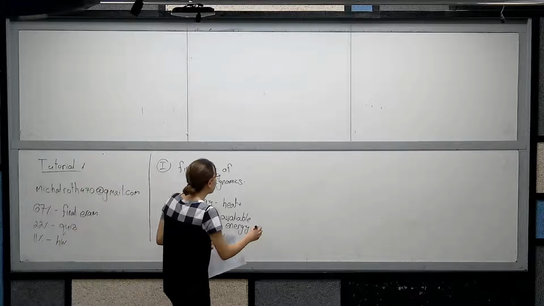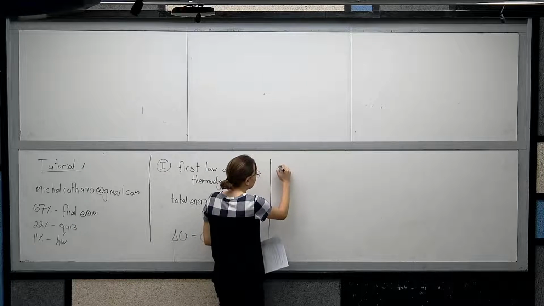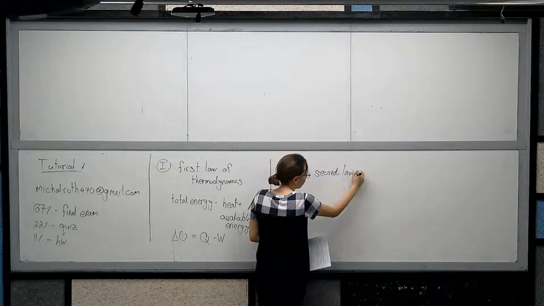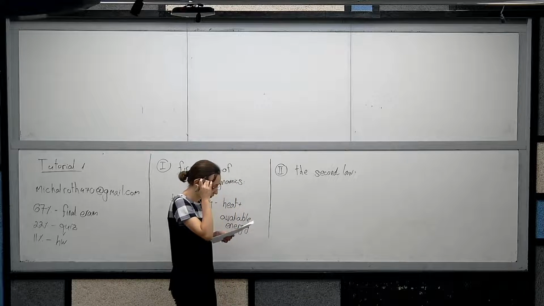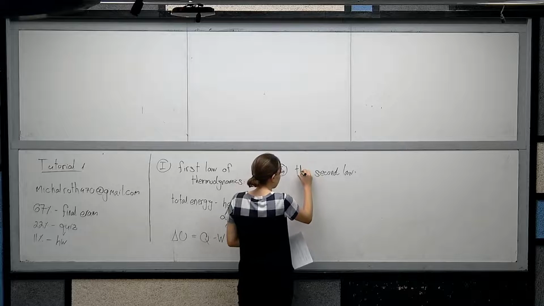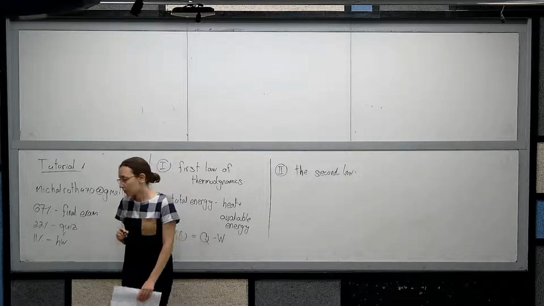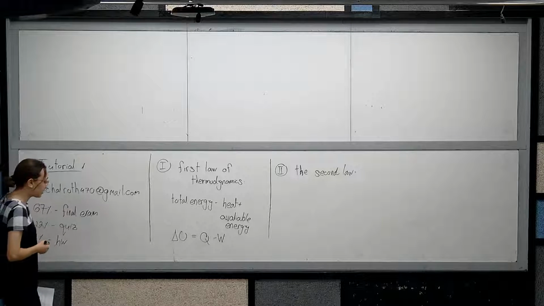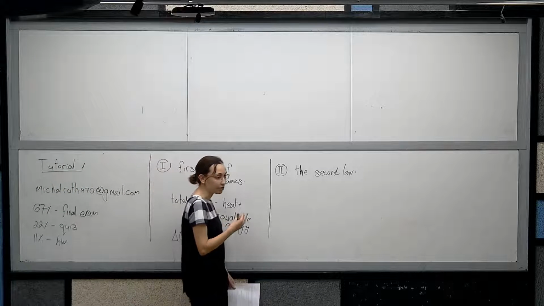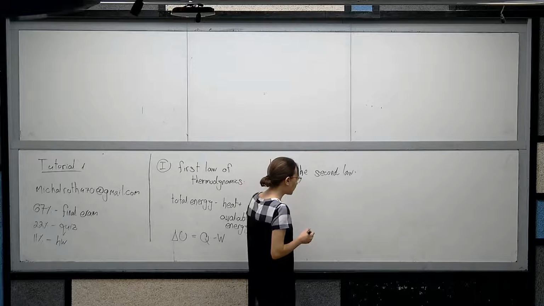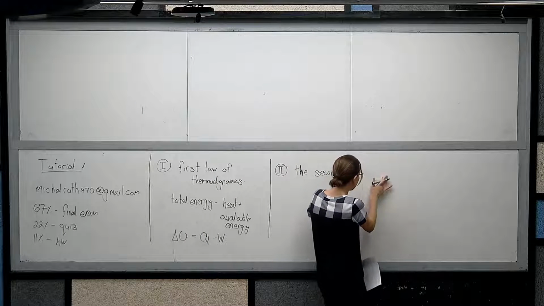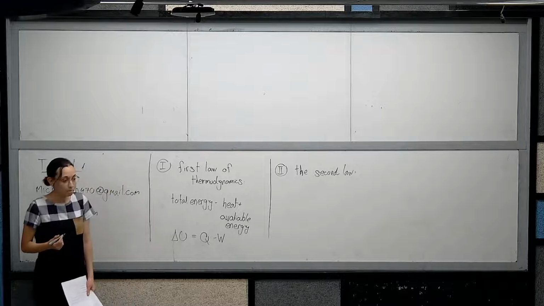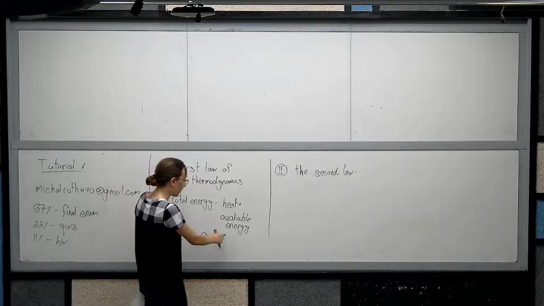Okay. The second law of thermodynamics. The second law says that in a closed system, meaning a system that we don't insert energy into from outside of the system, the available energy can only decrease or remain the same, but it cannot be increased.